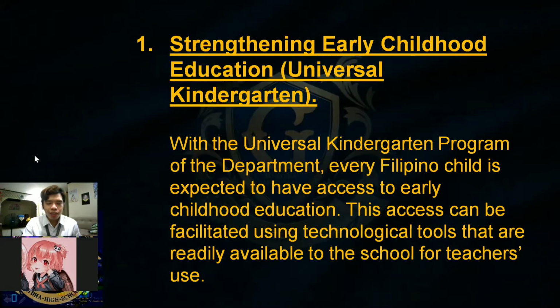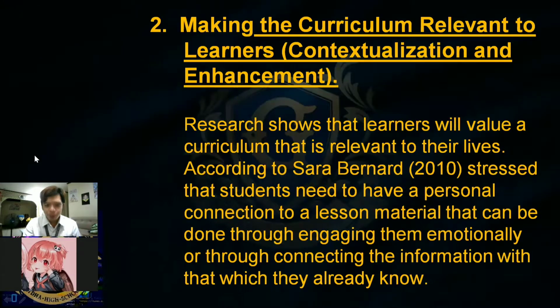The first one is strengthening early childhood education, or the universal kindergarten. With the universal kindergarten program of the department, every Filipino child is expected to have access to early childhood education. This access can be facilitated using technological tools that are readily available to the school for teachers' use.